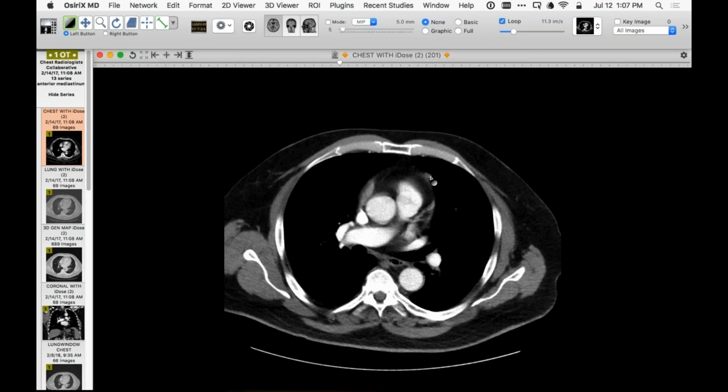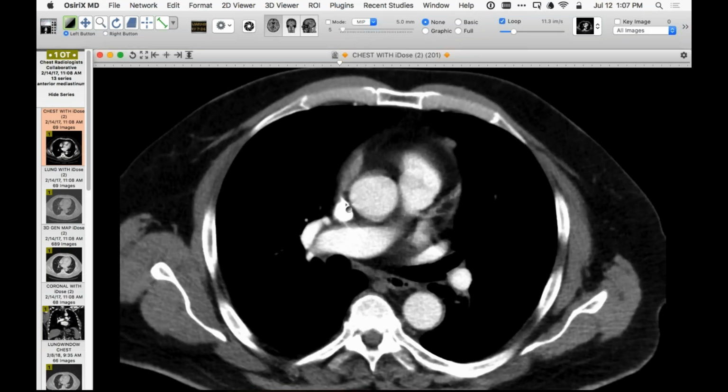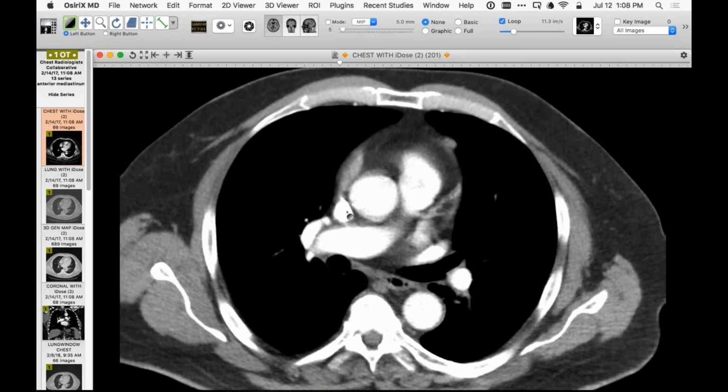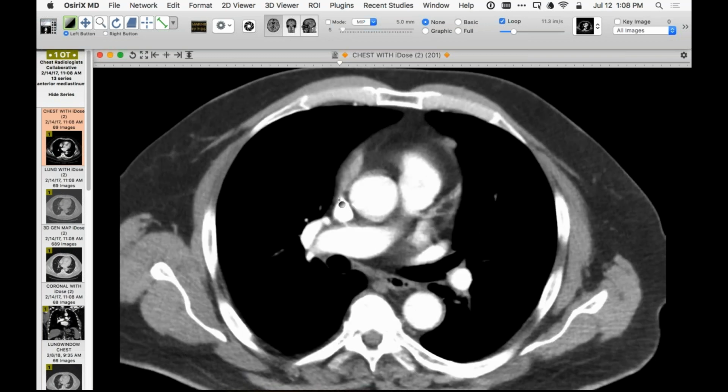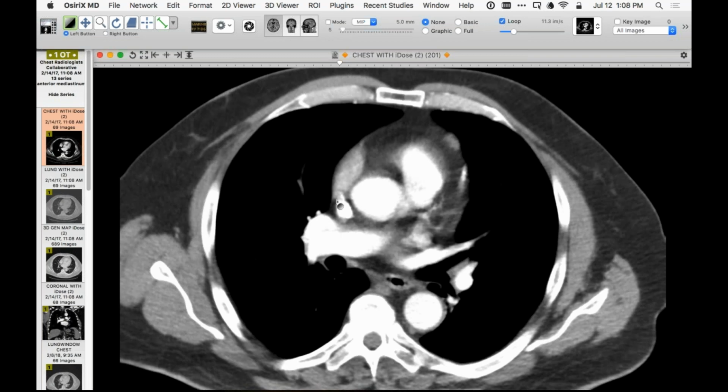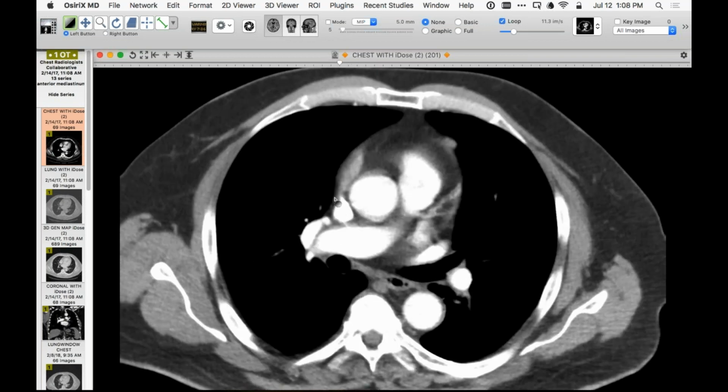Here is the opacity in question, this small guy, and that is February of last year. I'll just give you a feel for what that small guy looks like. It's the only finding, a single finding in the chest with no other findings to suggest metastatic disease from a colon cancer.